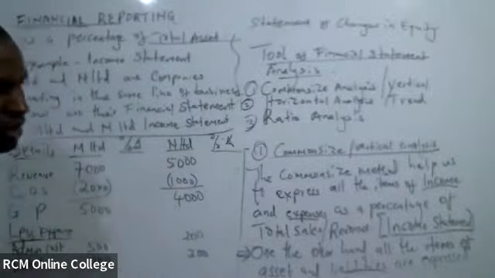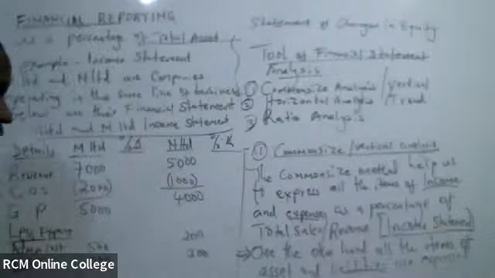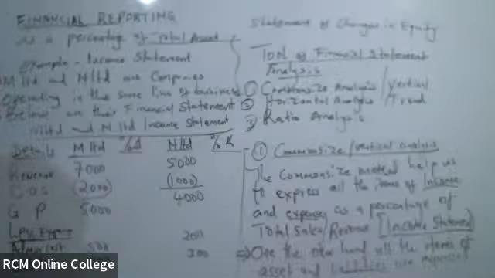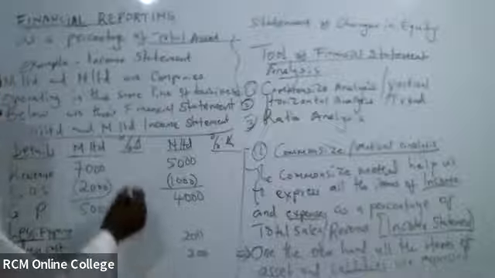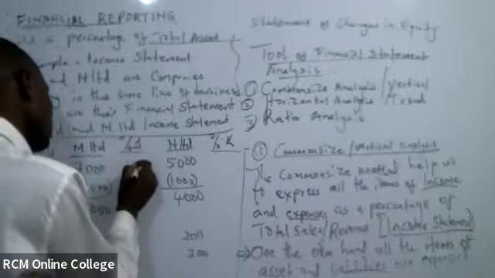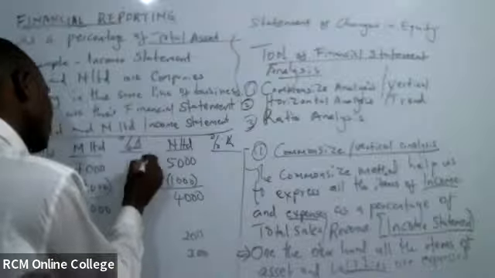What will I get? You indicate it somewhere so that when you're revising, you're able to remember. 100%. Yes, my revenue will always be 100%.